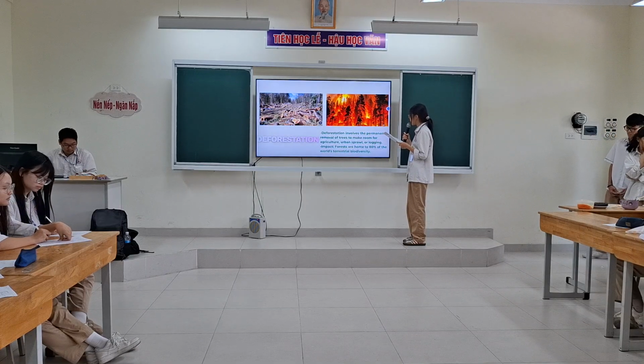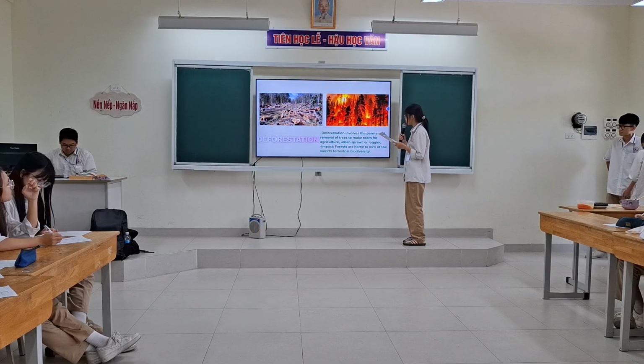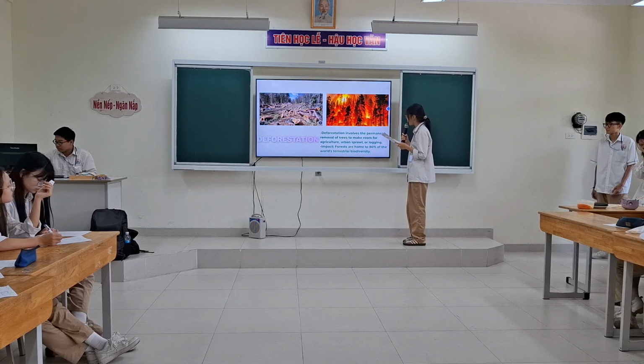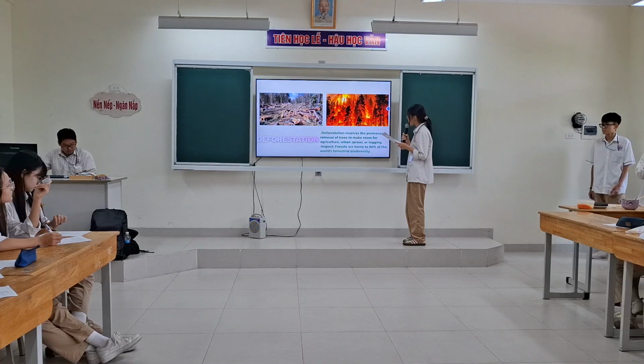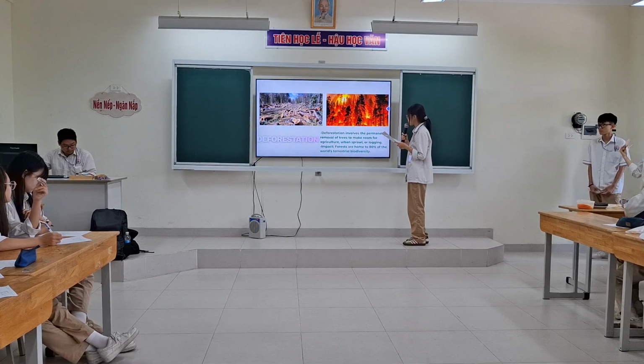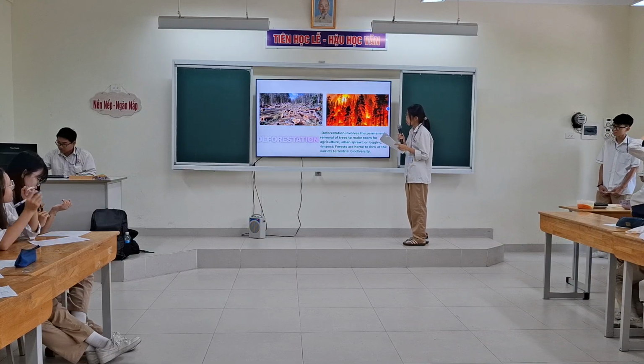Deforestation involves the permanent removal of trees to make room for agriculture, urban sprawl, or logging. Impact: forests are home to 80% of the world's terrestrial biodiversity.